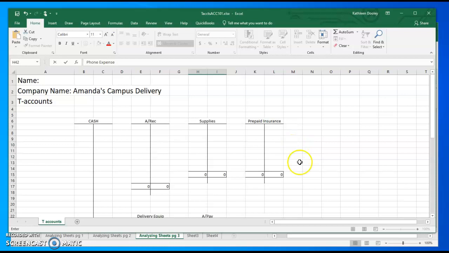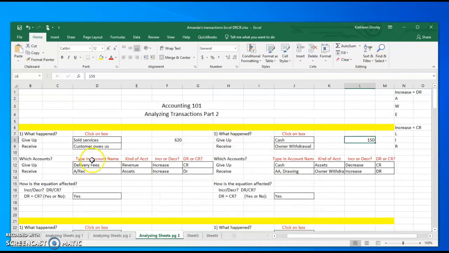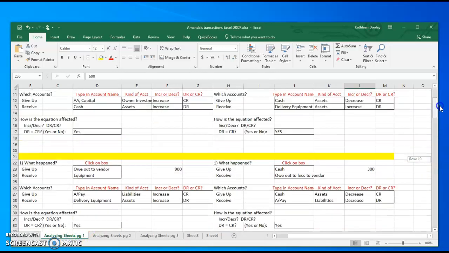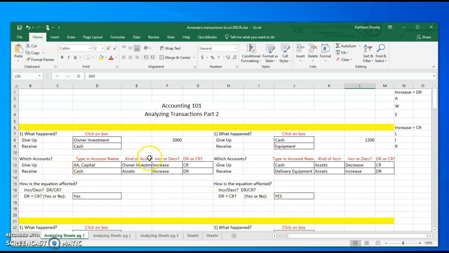The next thing I'm going to do is go back to my analyzing transactions, and I'm going to start with page 1 with the first transaction. We'd already filled all these out, including the debit and credit.